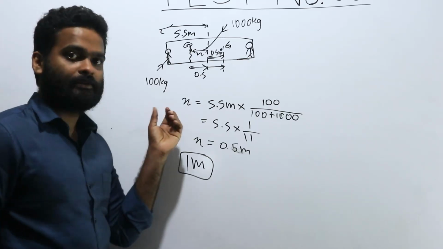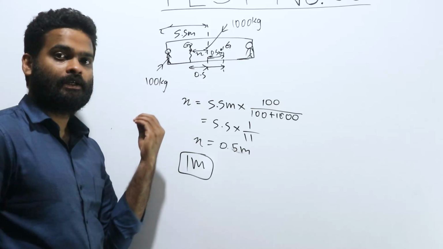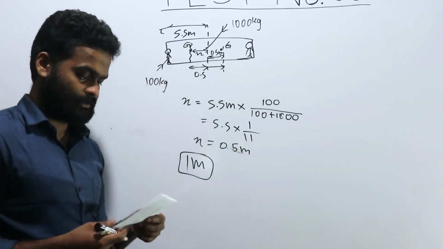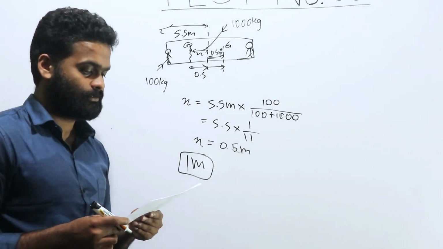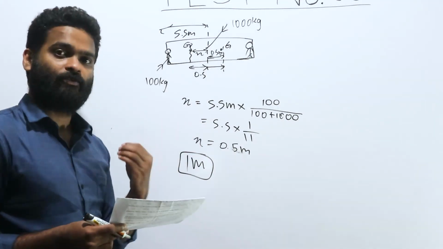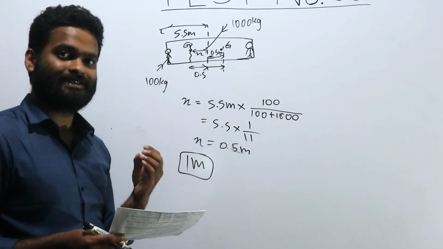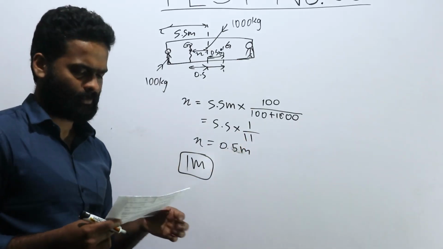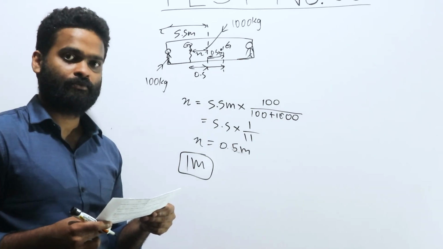So in order to prevent that, the carriage moves backward 1 meter. So the answer should be the fourth one. The carriage should move backward 1 meter in order to prevent the center of gravity of the system from moving forward. For the 15th question, the answer should be the fourth one.